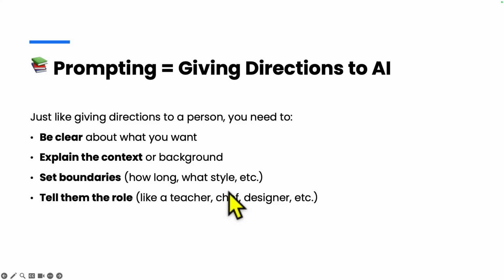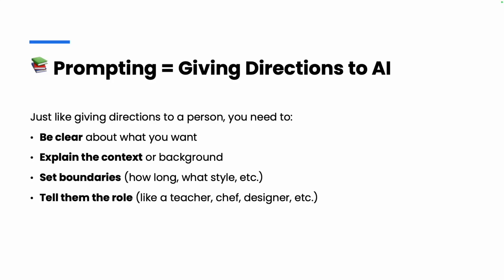That is prompt instruction. Next, learn about what prompting is. Prompting is giving direction to AI. Just like how you give direction to a person if somebody asks you for directions, here using prompting, you are clearly telling what you want. You are explaining the context or giving background information.